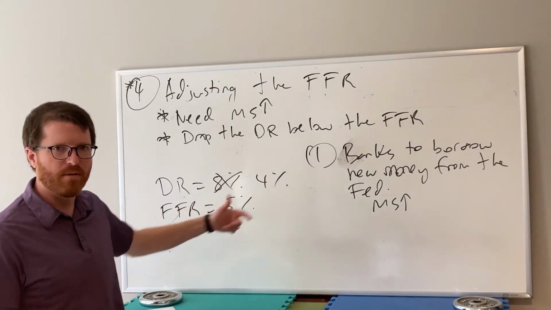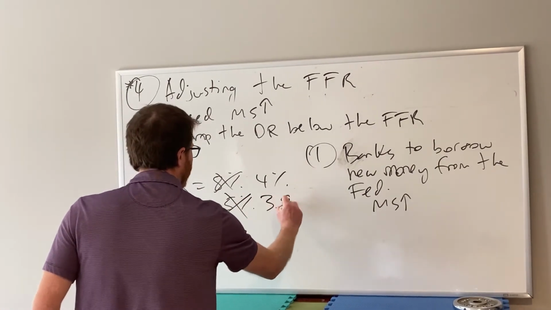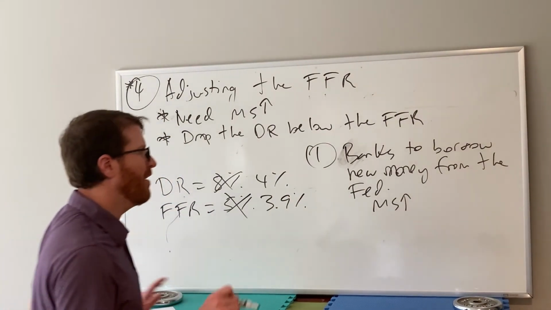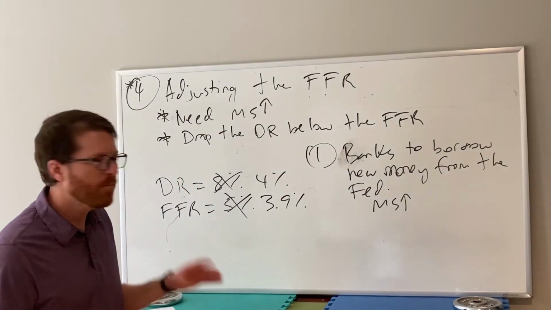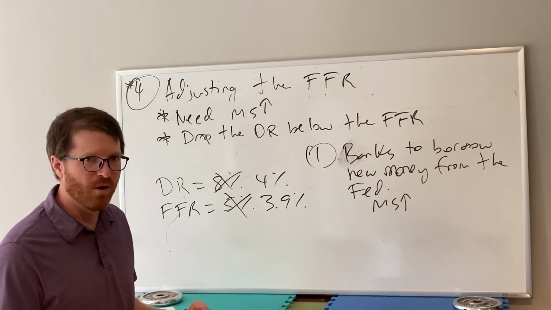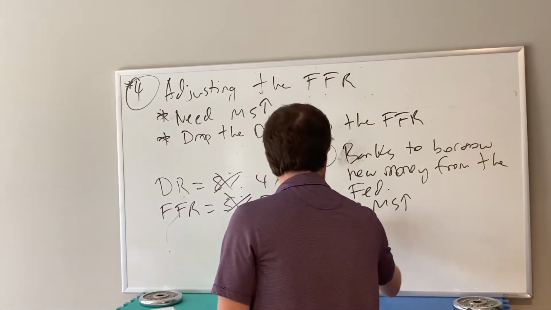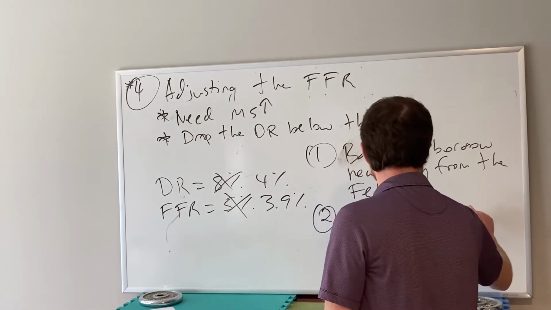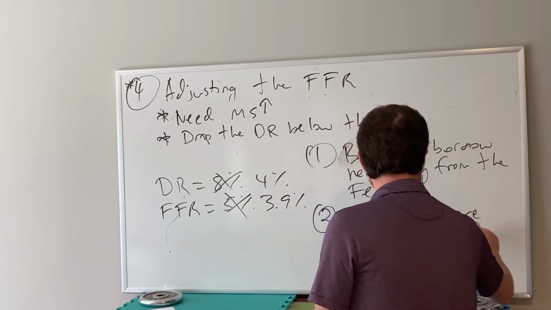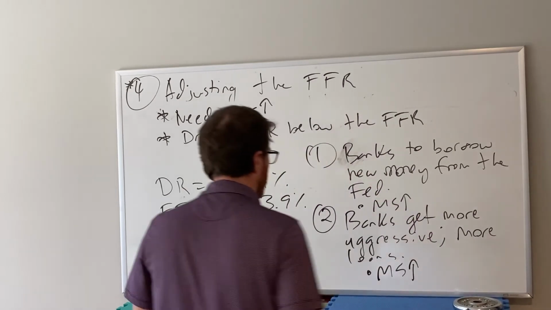You're going to undercut the Fed. In order to get some bank to borrow my money, my bank is going to drop its rate to 3.9%. That also increases the money supply, because now that the federal funds rate is lower, banks get more aggressive, making more loans, which causes the money supply to go up.